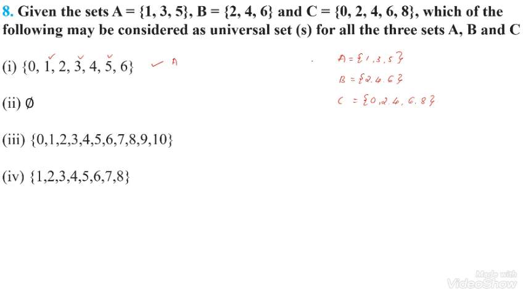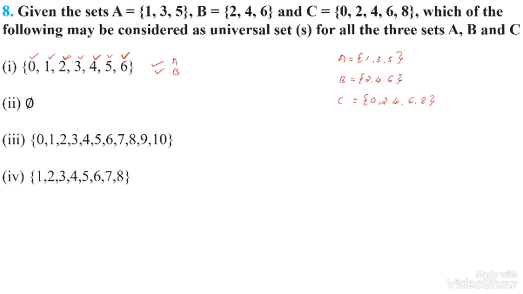Again, I will check for the set B containing the elements 2, 4, 6. Here 2, 4, 6, yes. B also obeys the condition. Next, the set C containing the element 0. Yes, it is also containing 0. Then 2, yes. 4, yes. 6, yes. 8.